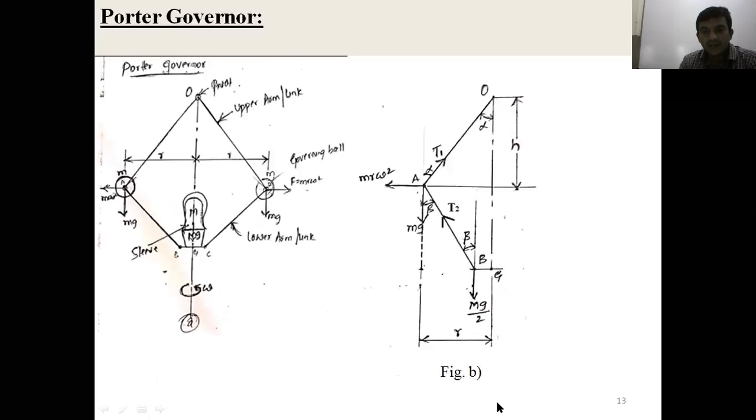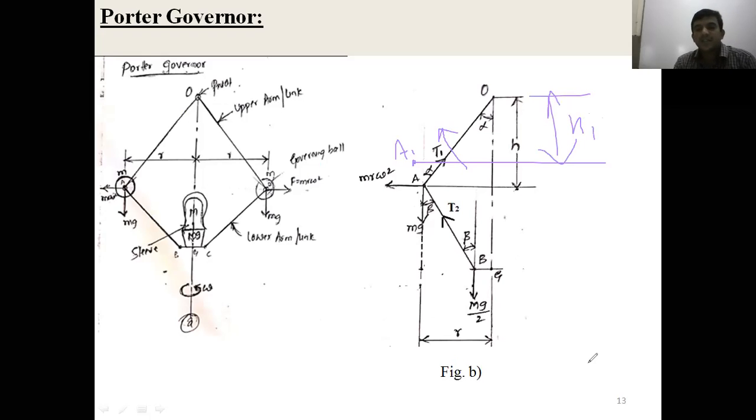See, as the speed increases, the governor ball moves radially outward, and A now comes somewhere here as A dash or A1. As the speed increases, the height of the governor decreases; H becomes H1.